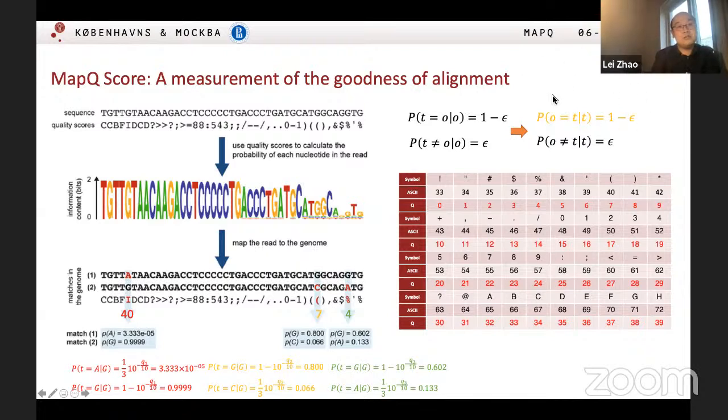I will change my presentation into this definition afterwards, when we discuss the genotype likelihood. But now we just do this: we observe a read and we just infer the true position.